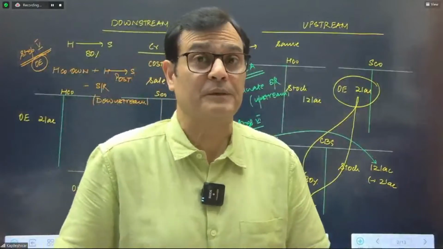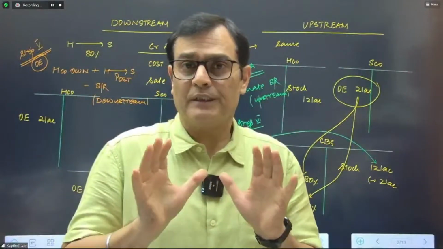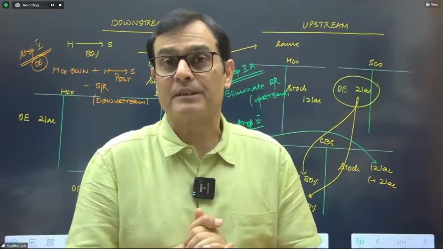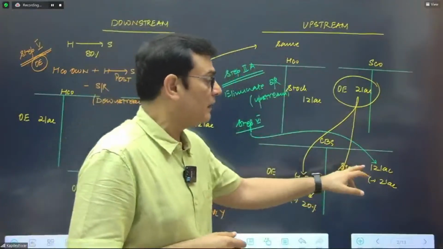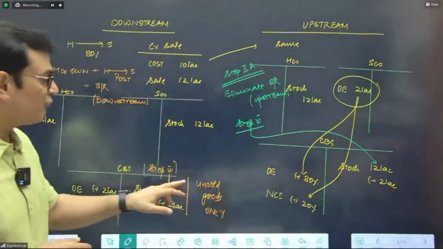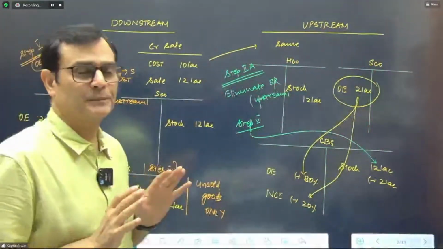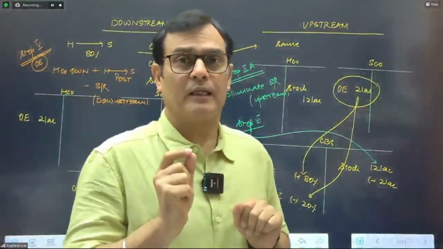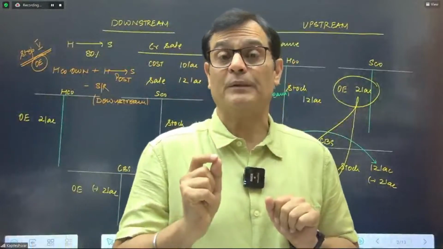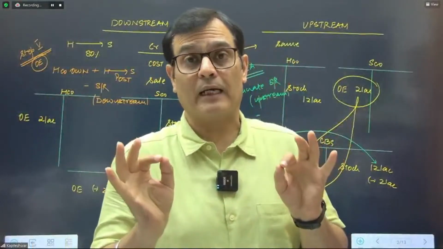So one common treatment is that when you go to the consolidated balance sheet in step number 6, you need to eliminate the unrealized profit of 2 lakhs from the figure of stock. So that's a common treatment. The elimination of unrealized profits from the figure of stock is common, whether it is downstream or upstream in nature.